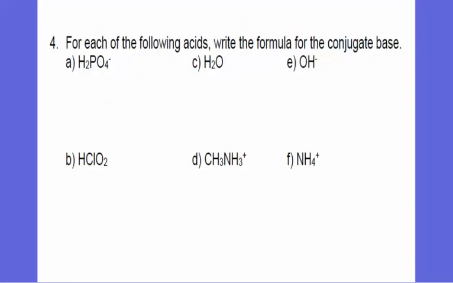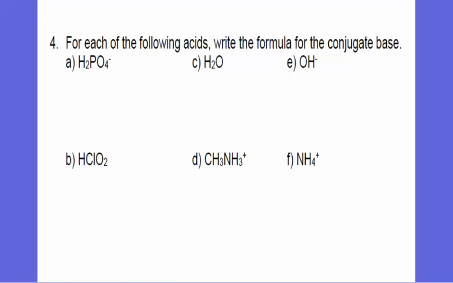Okay, so now we're coming back to the structure stuff. So, for all of these acids, we're going to be writing what's called the conjugate base. A conjugate base is a substance that we've removed a hydrogen ion from.